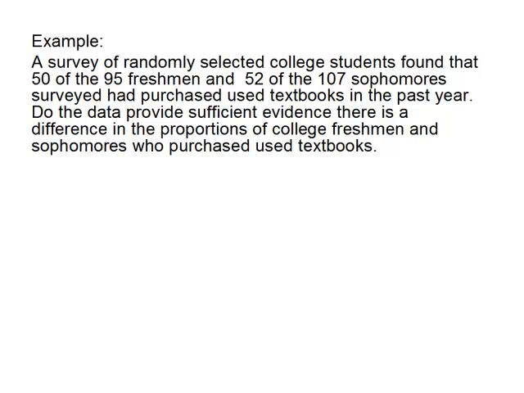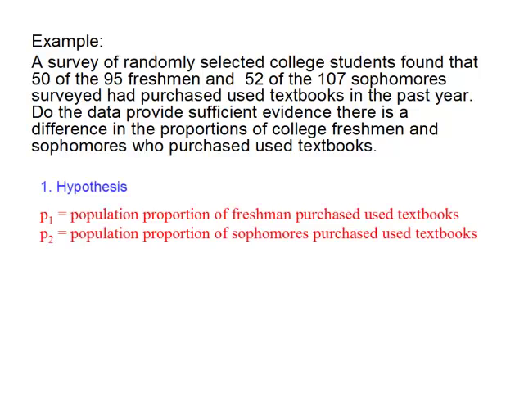A survey of randomly selected college students found that 50 of the 95 freshmen and 52 of the 107 sophomores surveyed had purchased used textbooks in the past year. Do the data provide sufficient evidence there is a difference in the proportions of college freshmen and sophomores who purchased used textbooks? So, step one, we have our hypothesis.